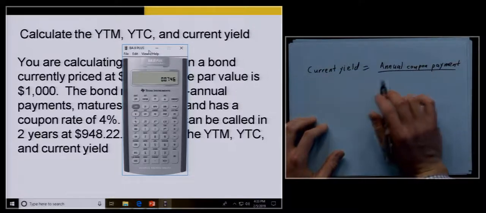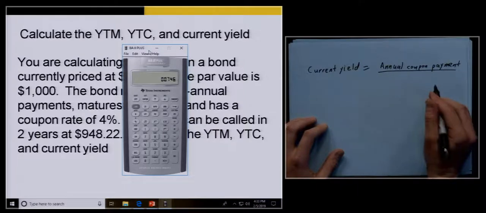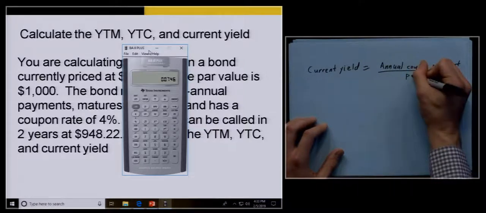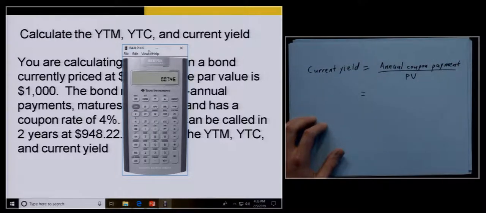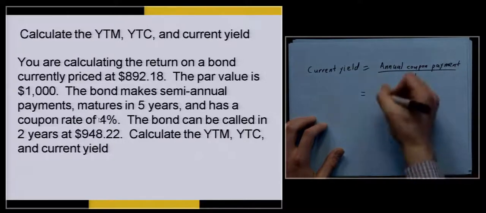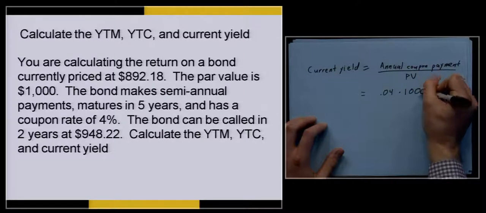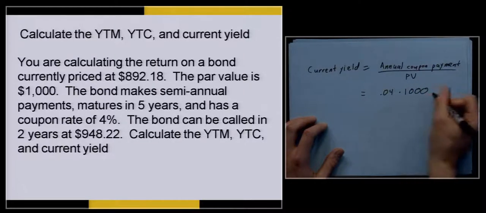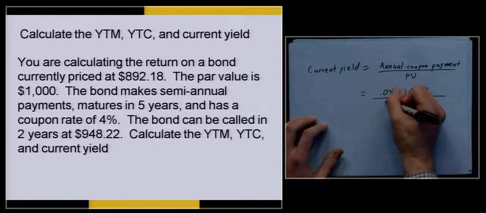That's the sum of all the coupon payments we receive as a bond investor during the year, and we're going to divide that by the PV, the present value. To calculate our annual coupon payments, we just take our coupon rate of 4%, 0.04, times our face value. So that's 40 on top.